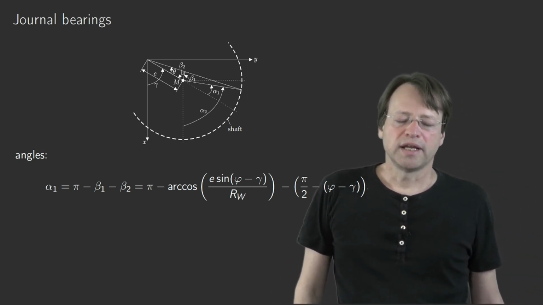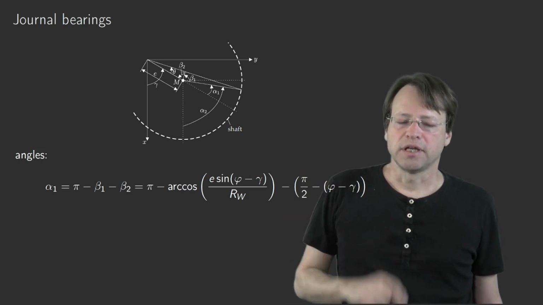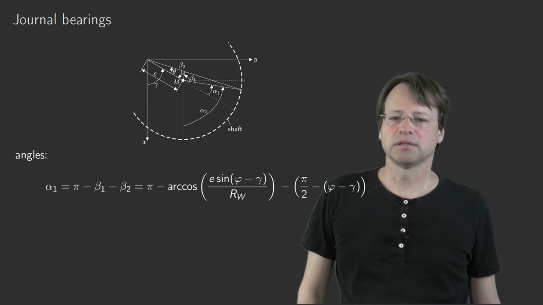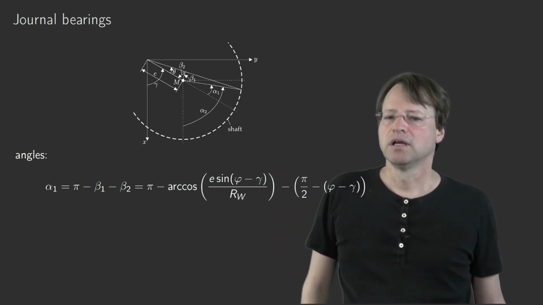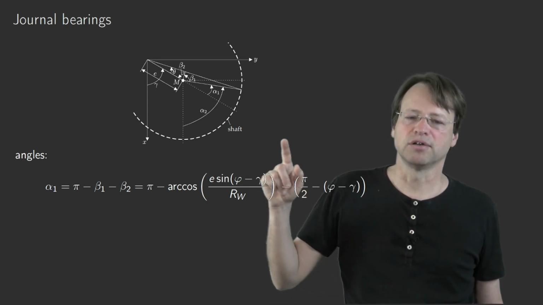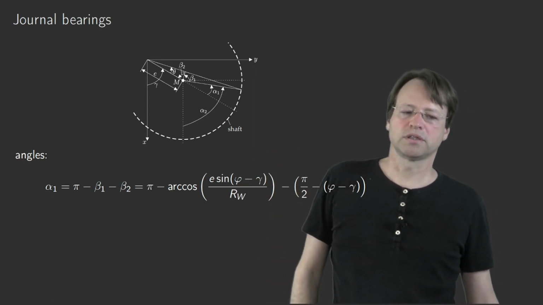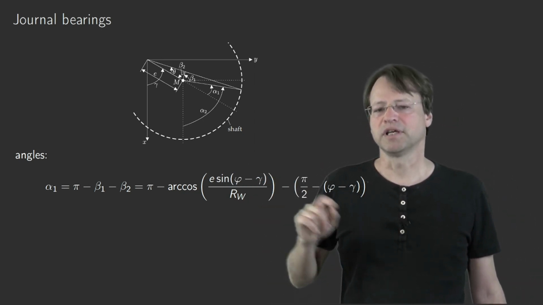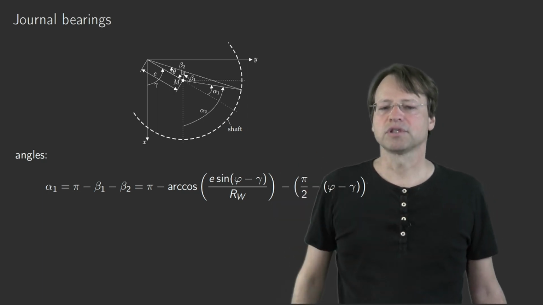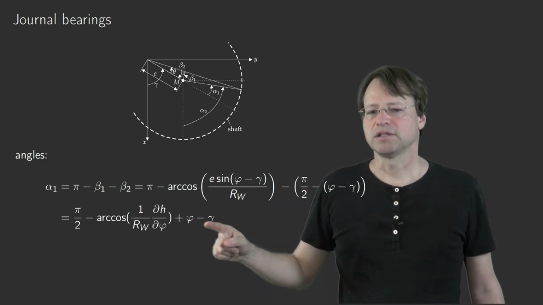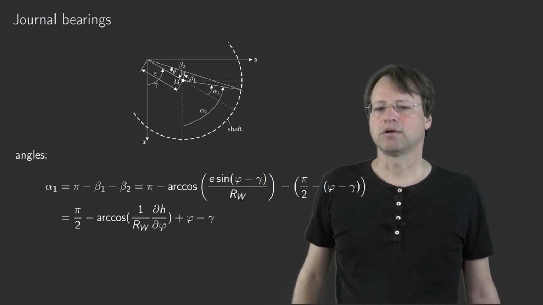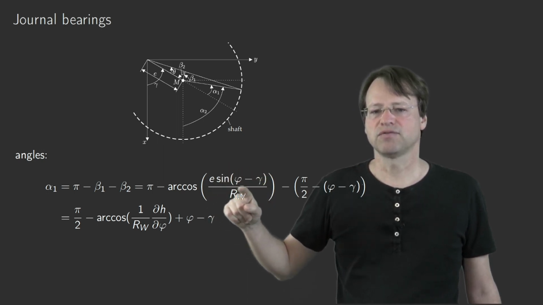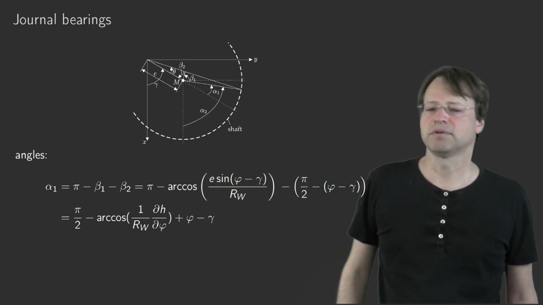Well, if you look again at the lubrication gap, then what you will observe is that E sine of phi minus gamma, keep in mind it was C minus E cosine of phi minus gamma, is just the derivative of the lubrication gap by phi, the partial derivative of the lubrication gap by phi. Therefore, in the r cosine function, we can replace the expression by 1 divided by r sub w dH by d phi. So this E sine of phi minus gamma is dH by d phi.